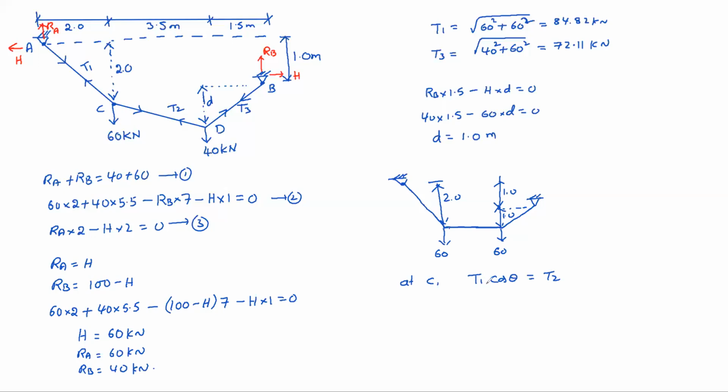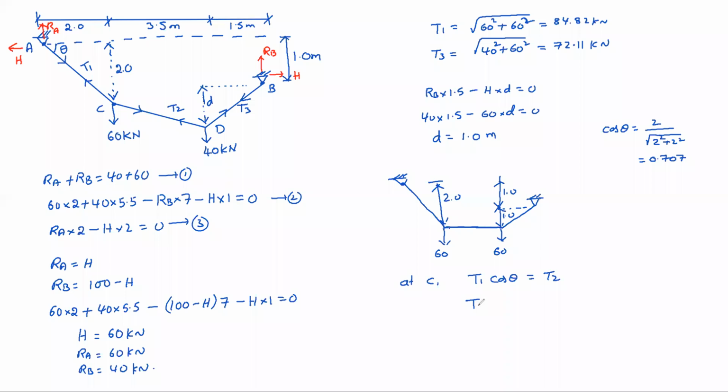See cos theta, let us assume it is theta. So cos theta equal to adjacent side 2 by hypotenuse square root of 2 square plus 2 square. That equal to 0.707.